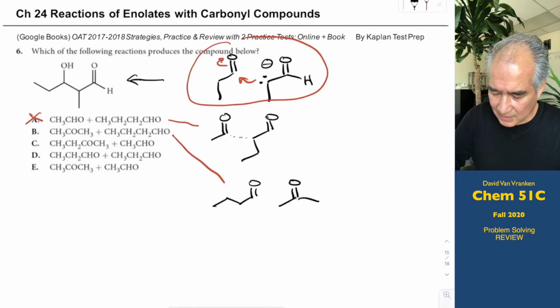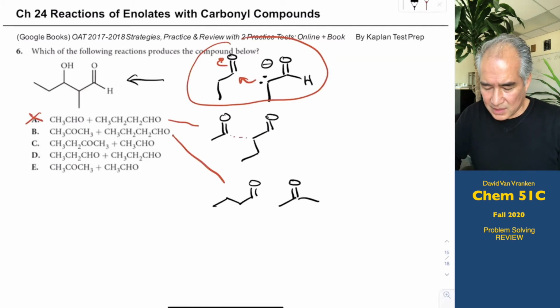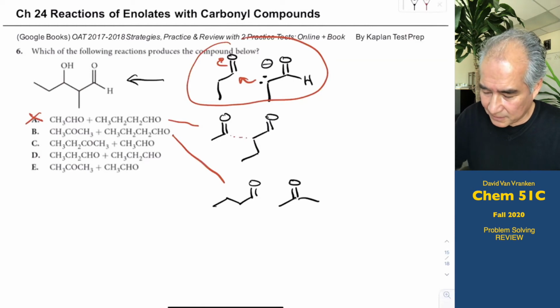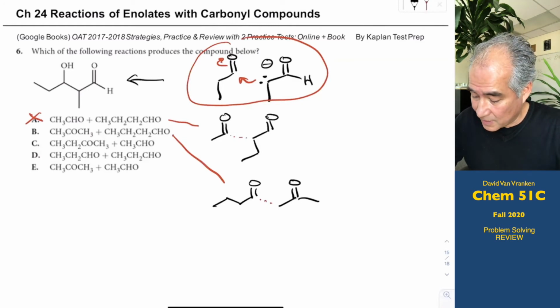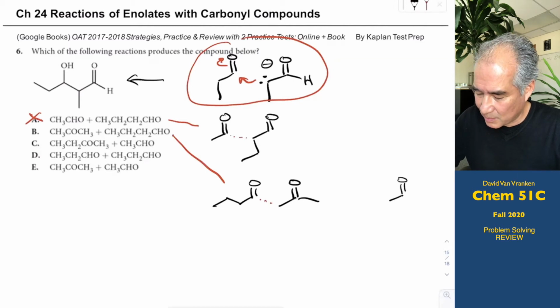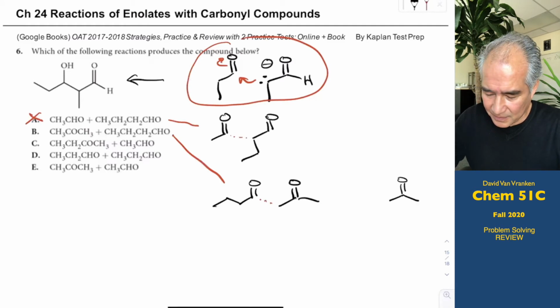One of these is butanal, and acetone, and one possible pattern of combination would be like this. That's not going to give the carbon backbone that's shown below. The other way you could have combined those same 2 molecules would be to add to the ketone, and that just does not seem plausible.